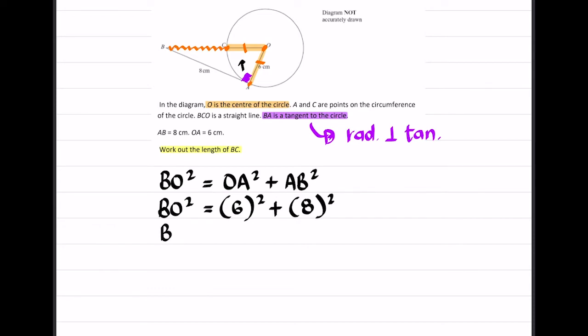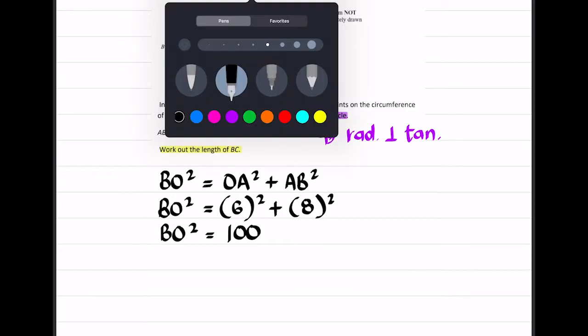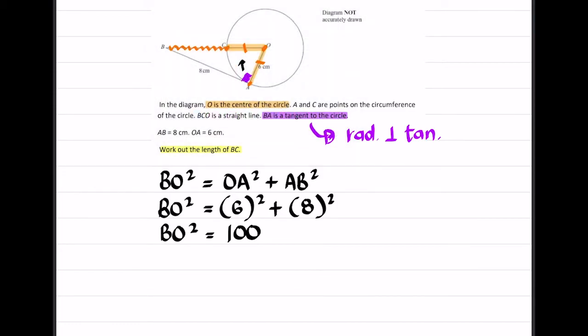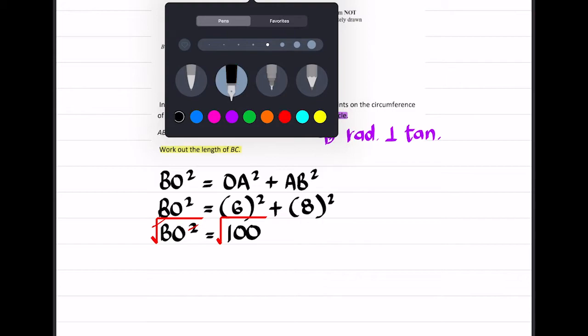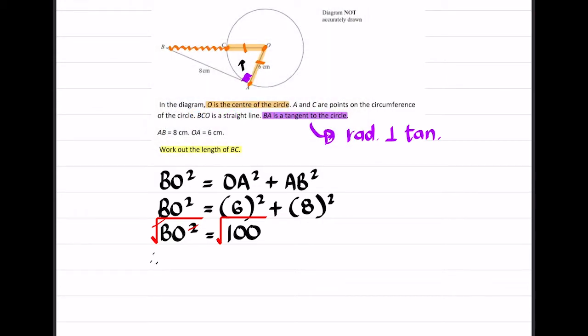That means BO squared is equal to 6 squared, which is 36, plus 8 squared, which is 64. So that gives me 100, but I'm not looking for BO squared, I'm looking for BO by itself. So I'm going to square root so that the square root cancels with the square. The square root of BO squared is BO, which is equal to the square root of 100, which is 10 centimeters.